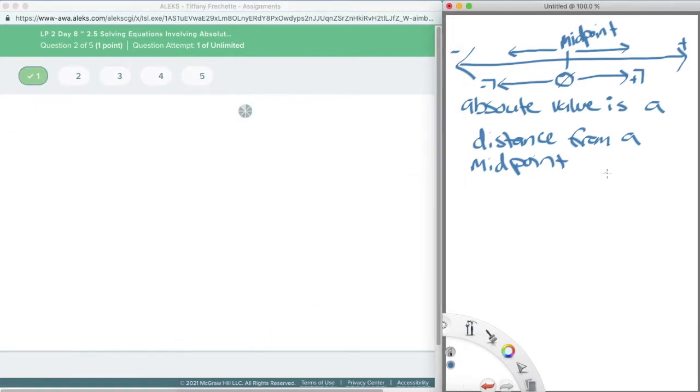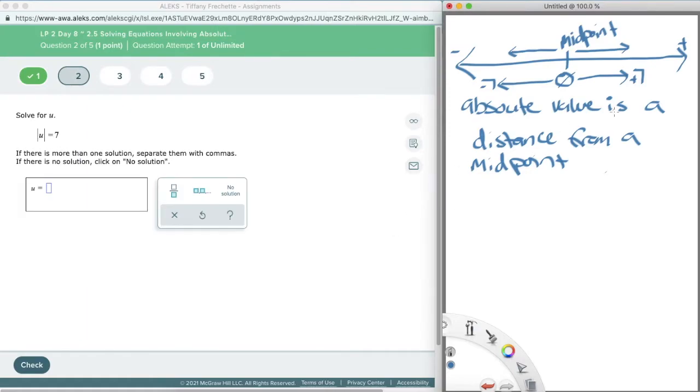So for this next one, it's the same idea, but now they're going to ask us with symbols instead of words. So we have solve for u, the absolute value of u equals 7. So we want to know, what would I plug in here to have a distance, a movement of 7? So this is actually exactly the same as the last one, just with symbols.